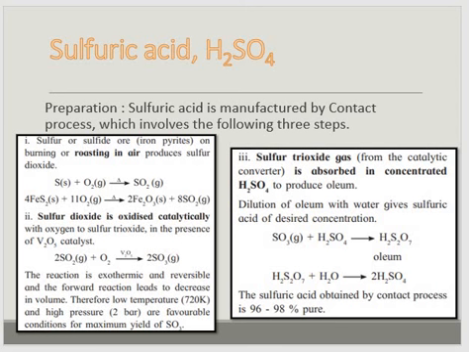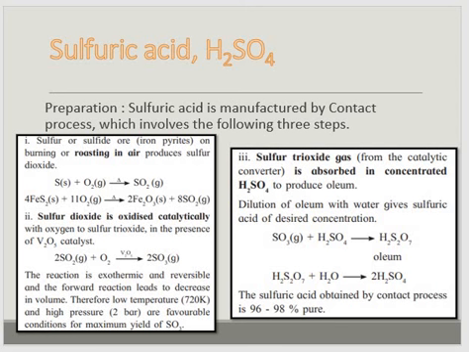On burning or roasting in presence of oxygen-rich air, it will produce sulfur dioxide. Like S reacting with oxygen gives you SO2, or FeS2 is roasted to give you Fe2O3 and sulfur dioxide. Now, the next step is sulfur dioxide is oxidized catalytically with oxygen to sulfur trioxide.